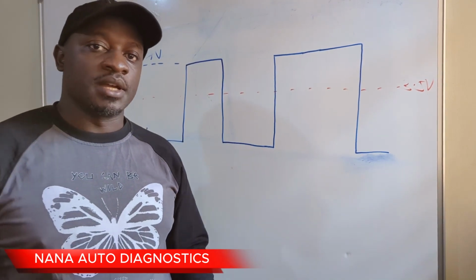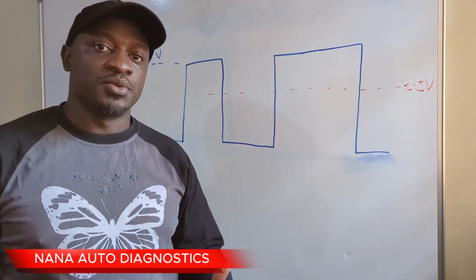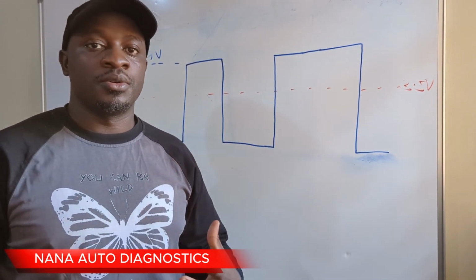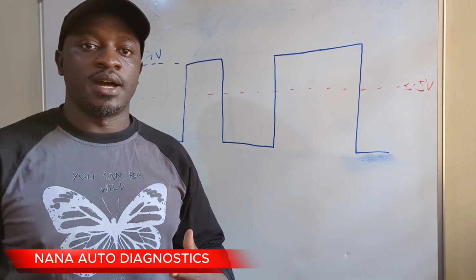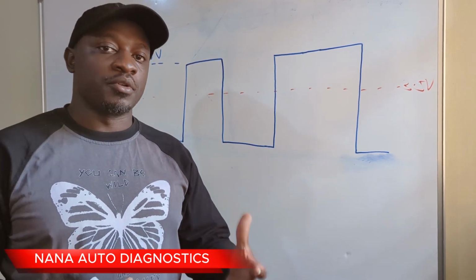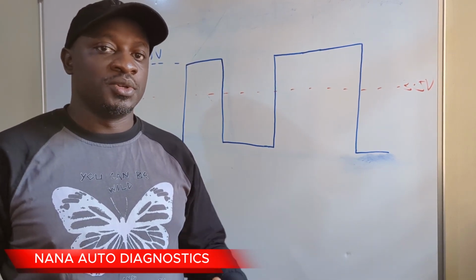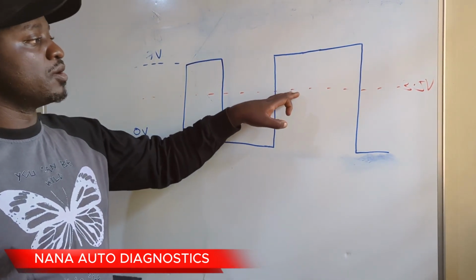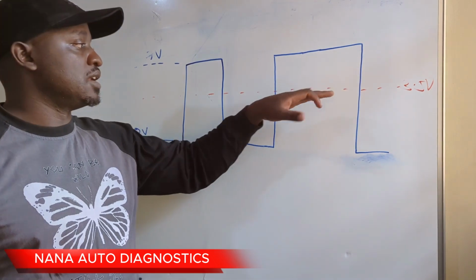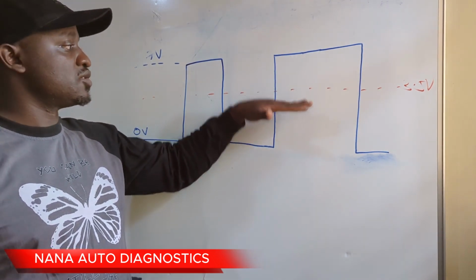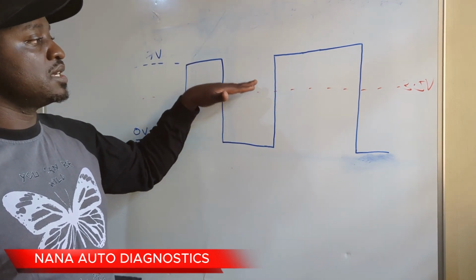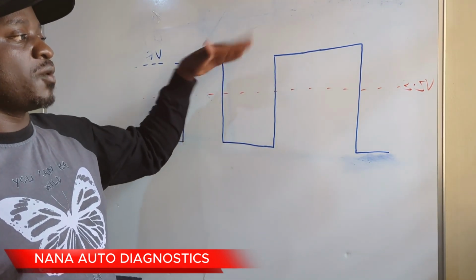Someone out there may be asking, how does the computer or the ECU know that this is a 1 or a 0? Now that is determined by the program that is written within the ECU, and usually any voltage that is below 3.5 volts is considered as a 0, and any voltage above 3.5 volts is considered as a 1.